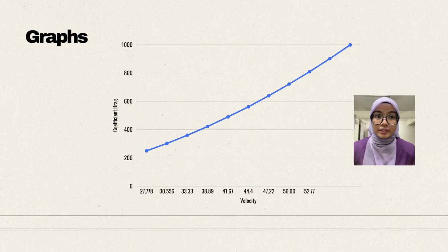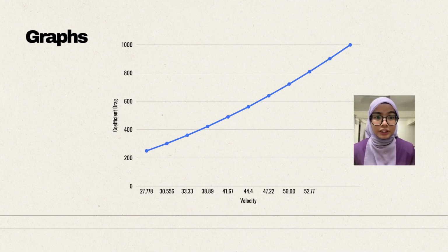This graph shows the relationship between velocity and drag force. Unlike the previous graph, we can clearly see that the drag force increases as velocity increases. The drag is not linear, but gradually becomes stable, showing a significant rise at higher speeds.